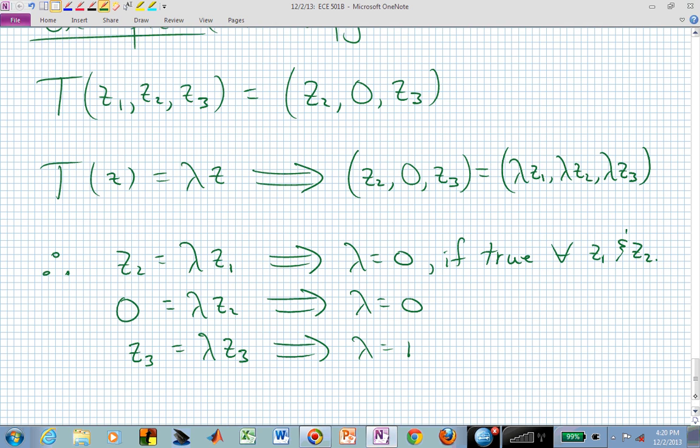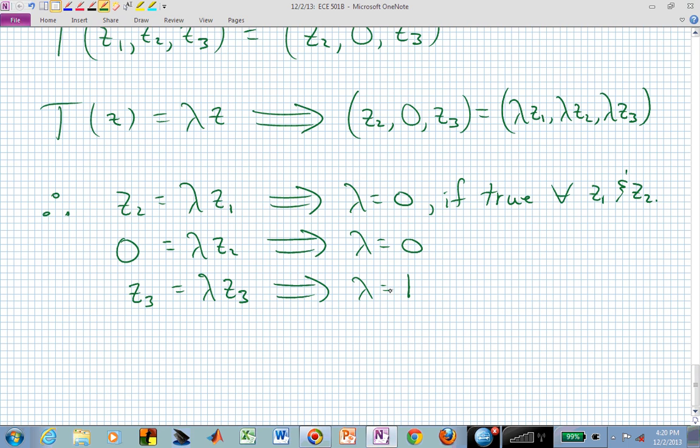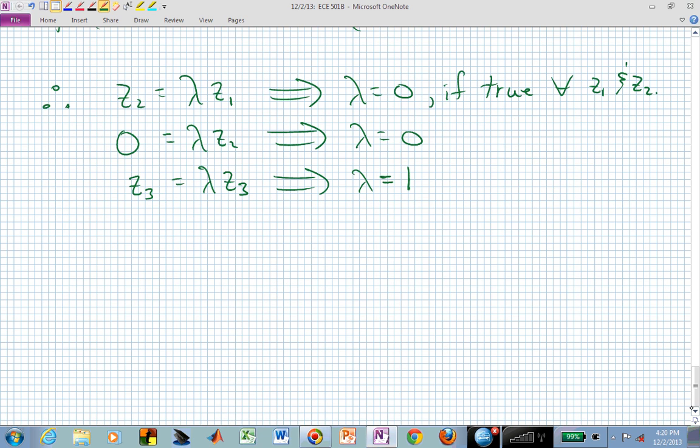So those are our eigenvalues associated with that linear operator T: 0, 0, and 1. Now we can see that we do not have distinct eigenvalues, so we may run into difficulty in trying to find eigenvectors. If these were all distinct, we should be able to find eigenvectors that are distinct. But in this case, we might be anticipating problems.